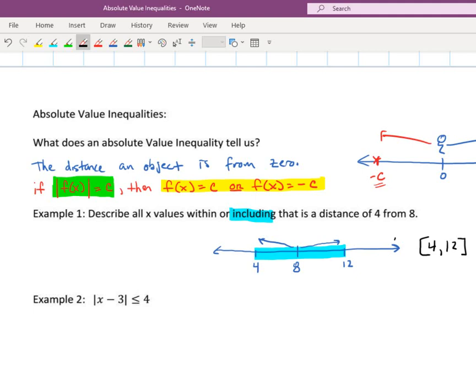The process for doing this would be to rewrite this way. Now if I solve for x, add 8 to all 3 parts, it gives me 4 and 12. So that basically creates all of the x values that are 4 units from 8. Okay? So what this really says is find all of the x values that are, again, 4 units, but 4 units from 3 in this case.